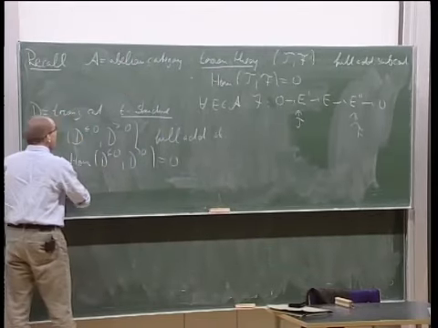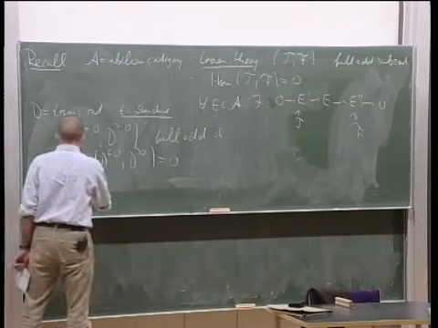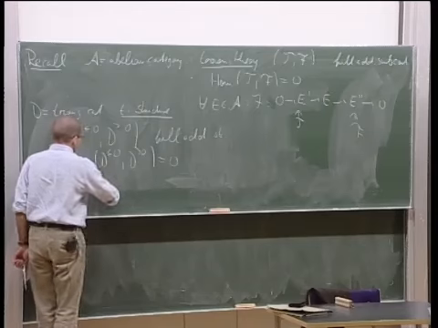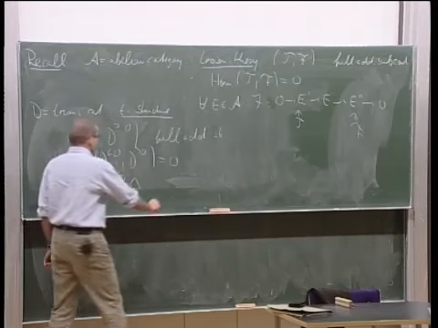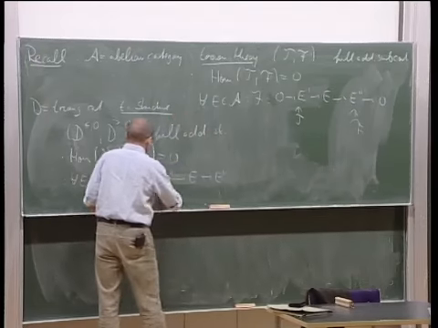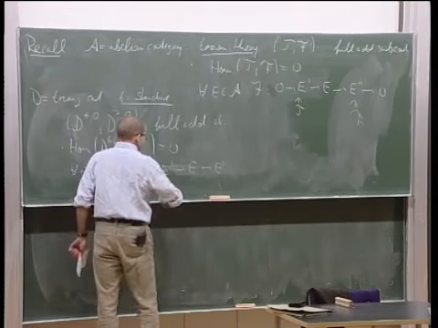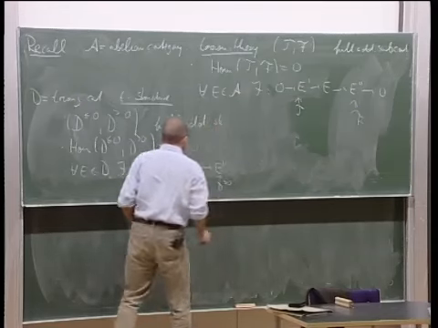Then I replace short exact sequences by triangles: for any object E in D there exists an exact triangle where the first one is in D smaller or equal to 0 and the other one in D positive.